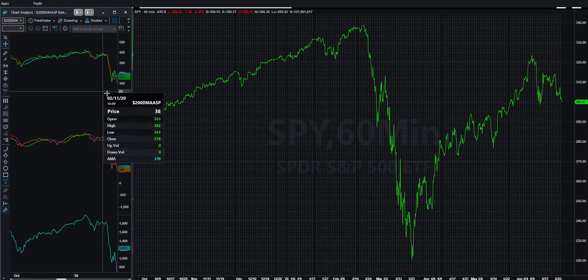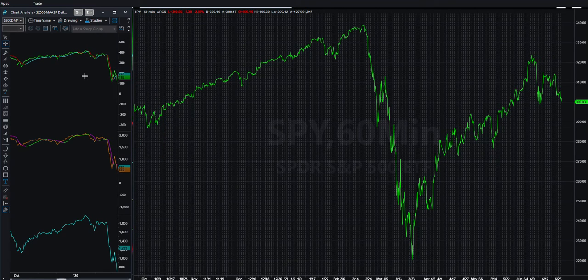99% of people do not understand this one thing which can keep them on the right side. Now these sentiment indicators can last for a very long time.